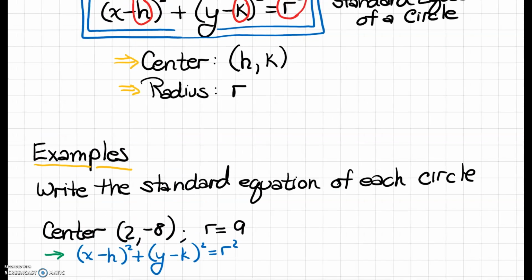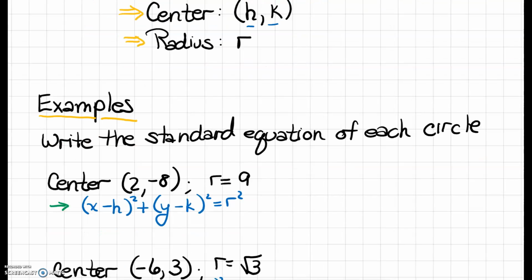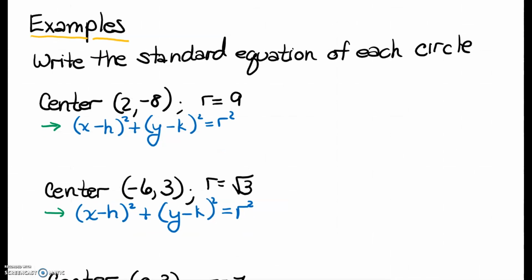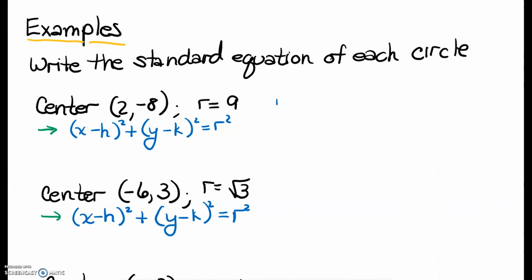Up above, we said that the center is (h, k). So if I know my center, I know my h value and my k value. In this case, my h value is this first guy right here, is 2. My k value is -8. My r value is 9.